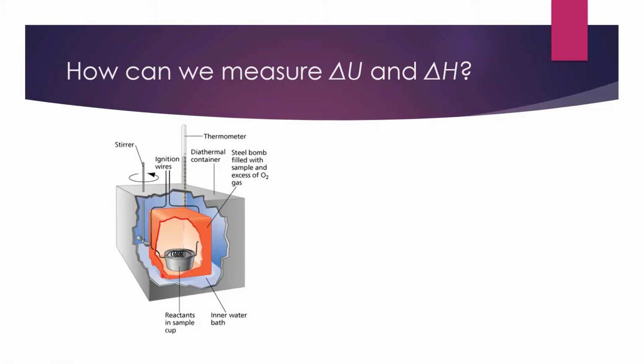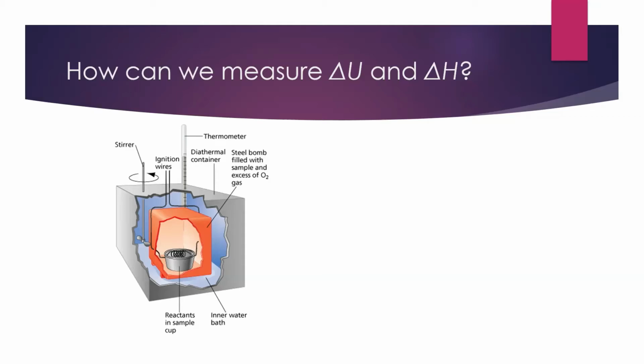We'll then ignite the sample using electricity, which will combust the sample and release energy. This is a rigid container and it's made of steel or some other hard metal, so the volume is constant.